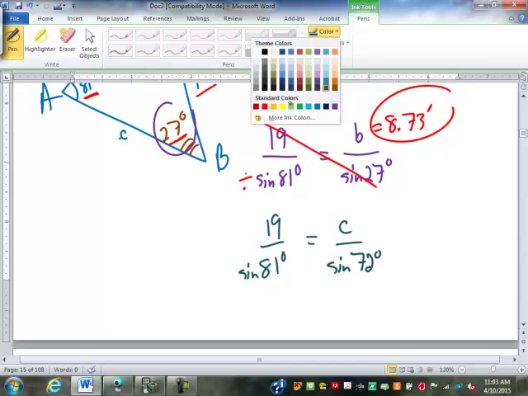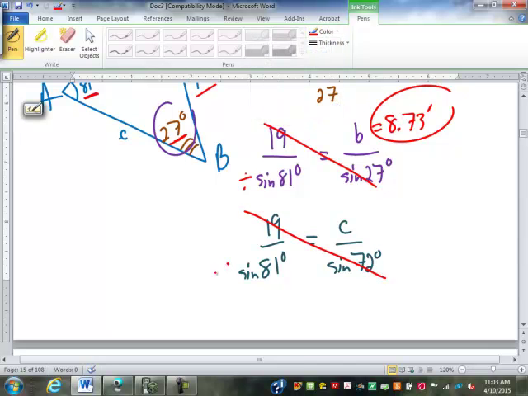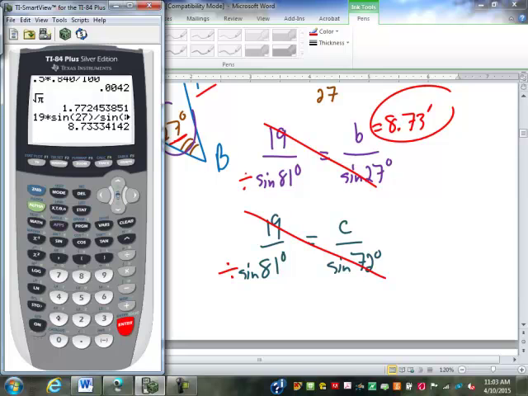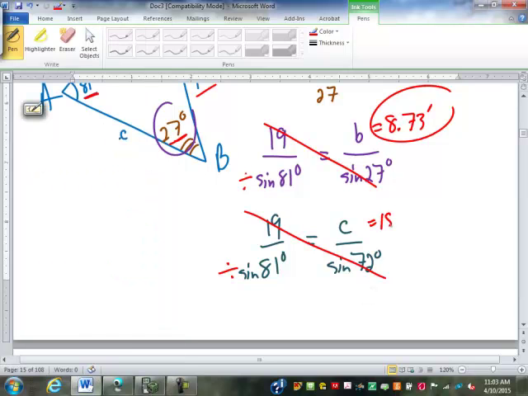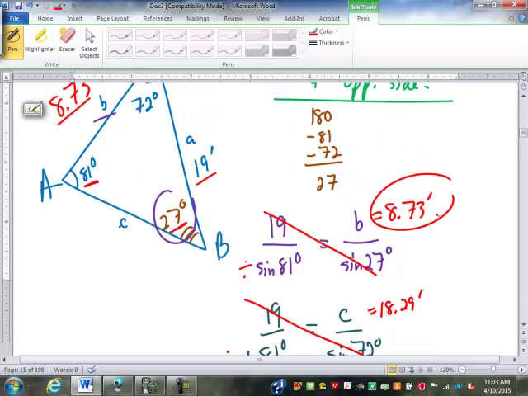Once again, it will be cross multiply and divide: 19 times sine of 72 divided by sine of 81, which gives us 18.29 feet. Now, 72 degrees is smaller than 81 degrees, so it makes sense that the length of this side would be smaller than 19. 72 is not a lot smaller than 81, so it also makes sense that they're close to the same size.